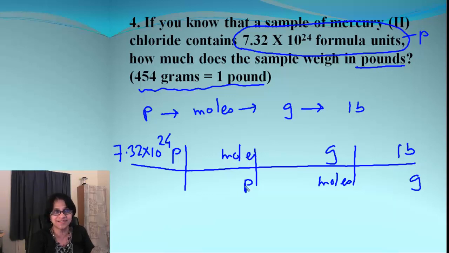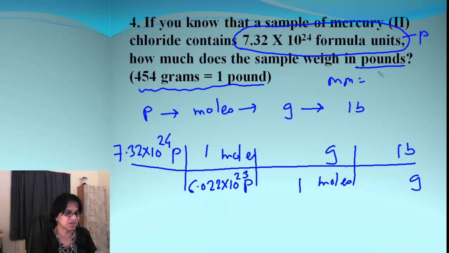It's moles to particles, so it's 1 mole, and that will be the magic number. This is moles to grams, so it's 1 mole, and it will be the molar mass for mercury II chloride. I'm going to give you the molar mass for that, which is 271.5 grams.